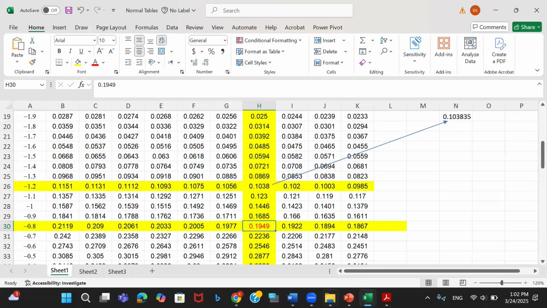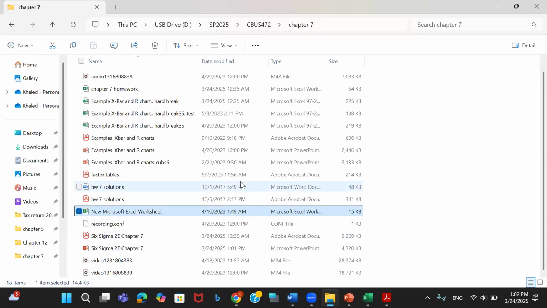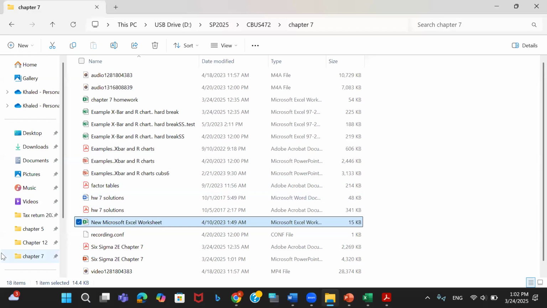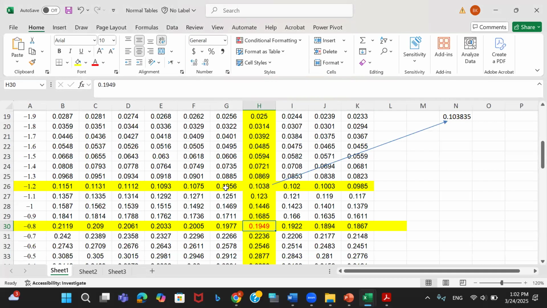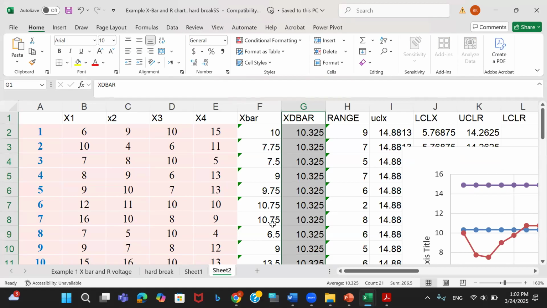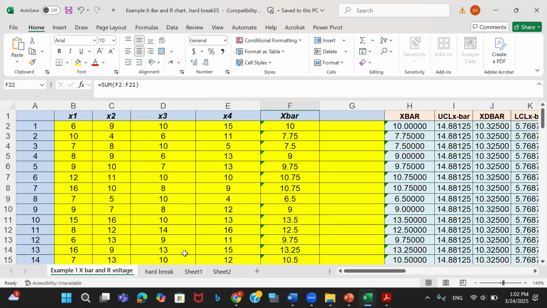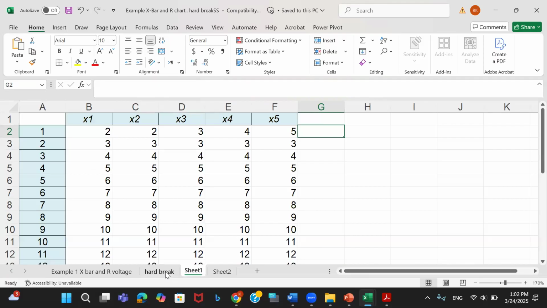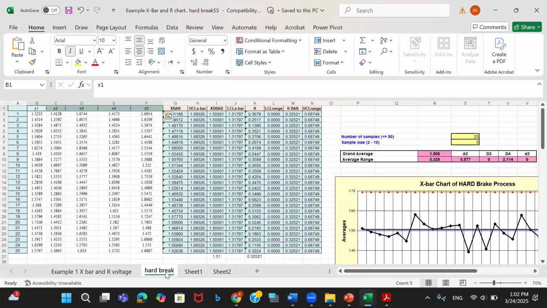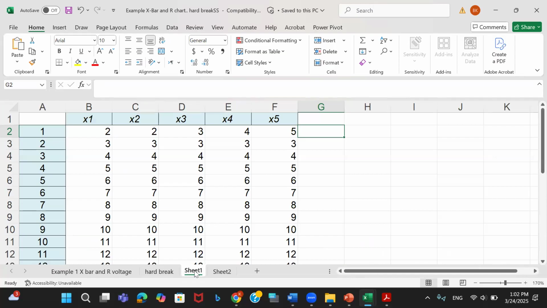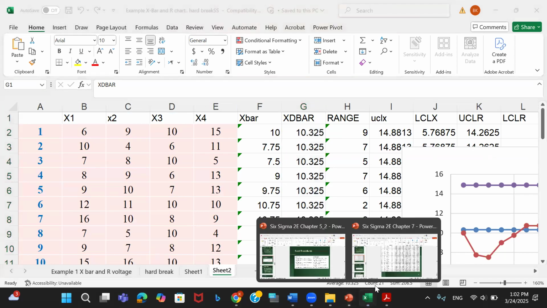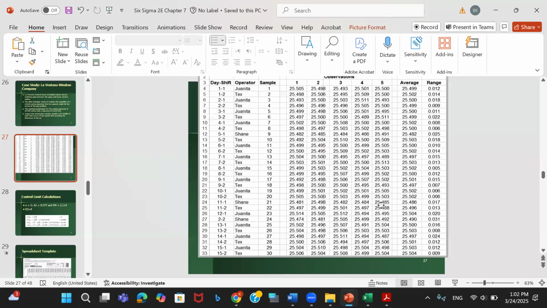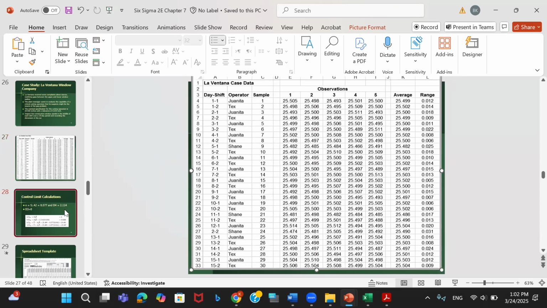For the other example, anyway, we will go over the heartbreak example and see how we find the average.